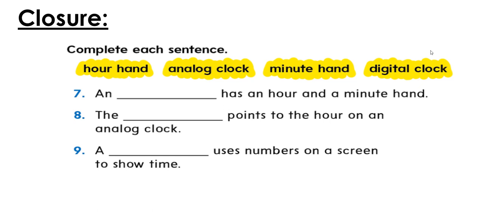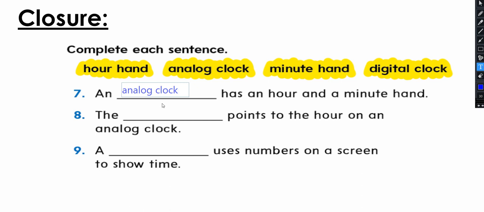As a closure, let's complete these sentences. We have the words hour hand, analog clock, minute hand, and digital clock. Which clock has an hour and a minute hand? Yes, the analog clock.